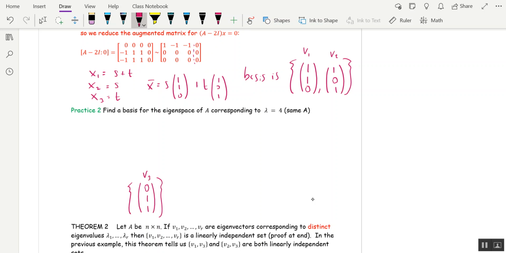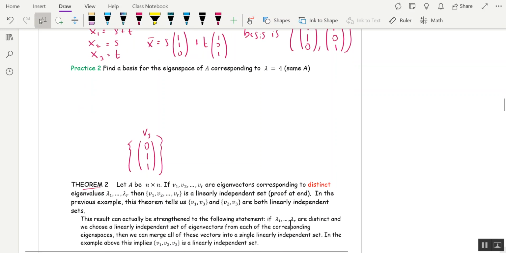The reason I'm doing that is because I want to look at theorem 2 in the context of a concrete example. Theorem 2 says if you have a square matrix A, and eigenvectors that correspond to distinct eigenvalues, then the set of those vectors is linearly independent.